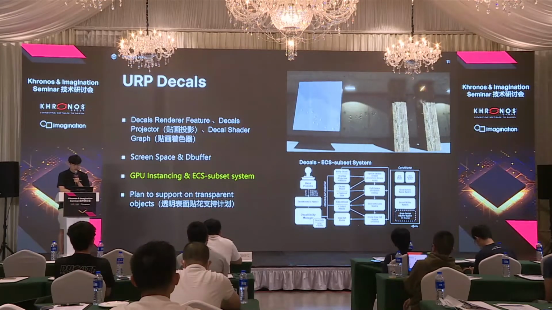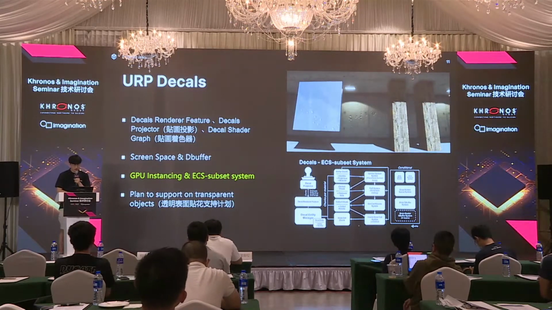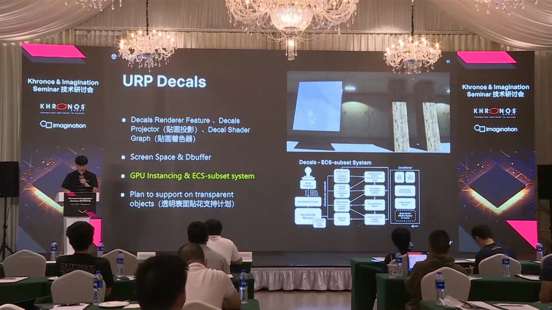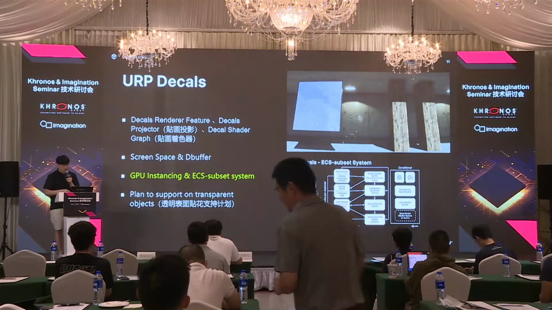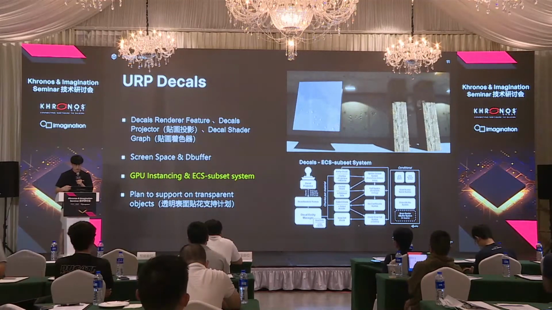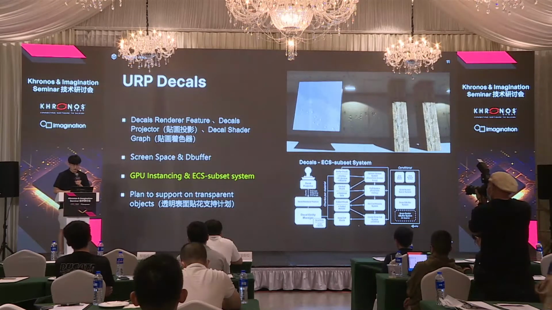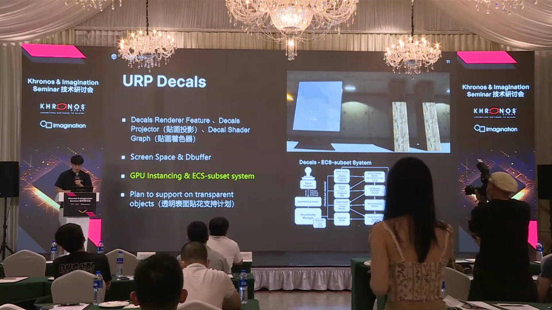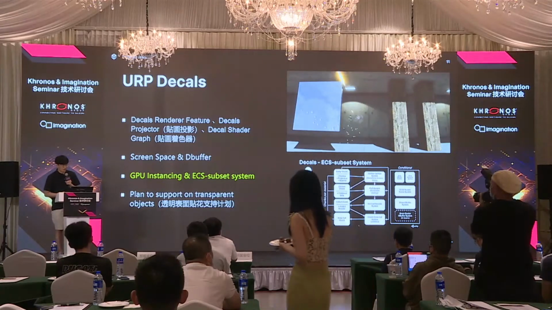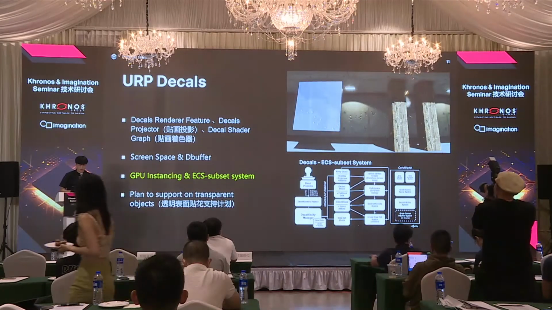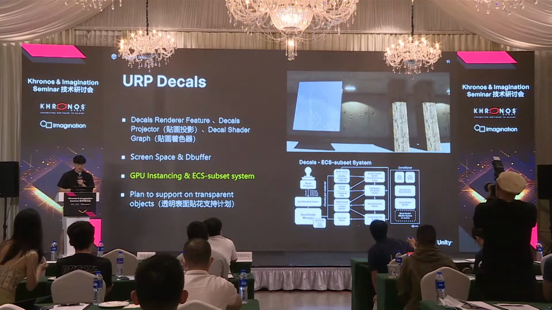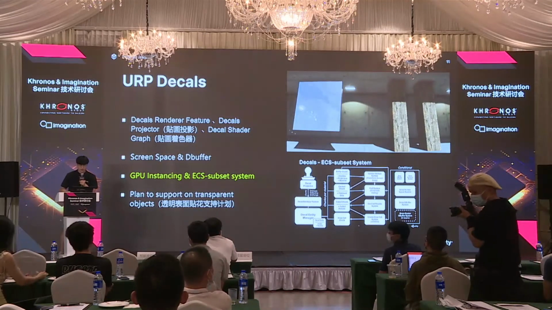URP also supports GPU instancing and the ECS subset system. So if within a scenario the decals use the same texture and have toggled on GPU instancing, then URP will instance that texture and reduce its impact on performance to save time for rendering, as well as the integrated batch numbers.